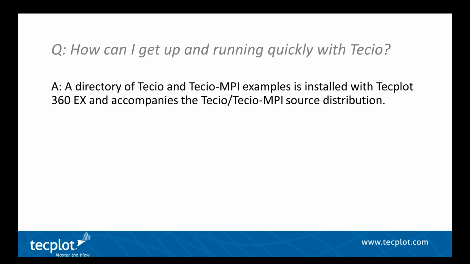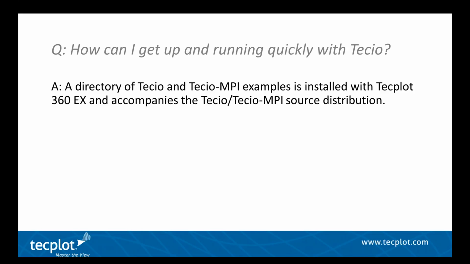Okay, so each Tecplot installation includes a directory of TecIO examples, and some of those are also TecIO MPI examples. You'll see in those examples, first off, they're called partitioned, so brick partitioned, IJK partitioned, and tetra partitioned are going to be your TecIO MPI examples, which also run in serial.